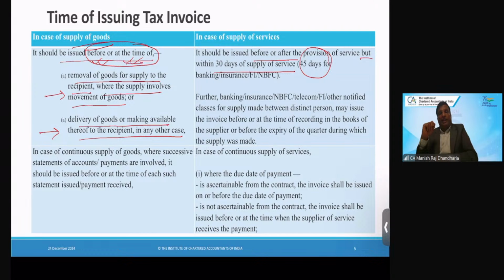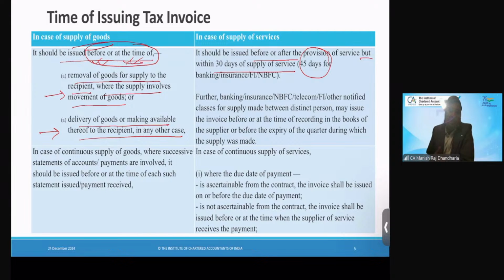There is one more point in this. If there are distinct persons in case of banking, insurance companies, I hope you all know the meaning of distinct person. Still, I say in one line, if any person having the same PAN is having different registrations, more than one registration, then the different registrations, जो भी और registrations हैं उनको क्या बोलेंगे?